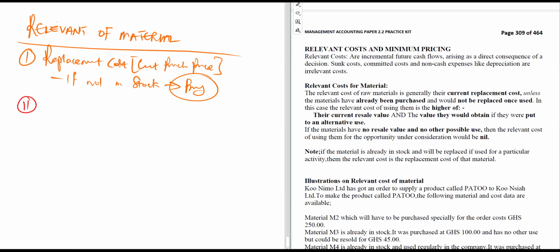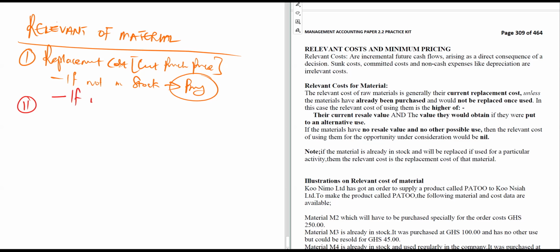Yes, because that water is not for the program, it's for your normal consumption. So anytime you hear a material that is used frequently, if you use it for a special product, you must replenish it, meaning you still have to replace it. The replacement cost becomes a relevant cost.